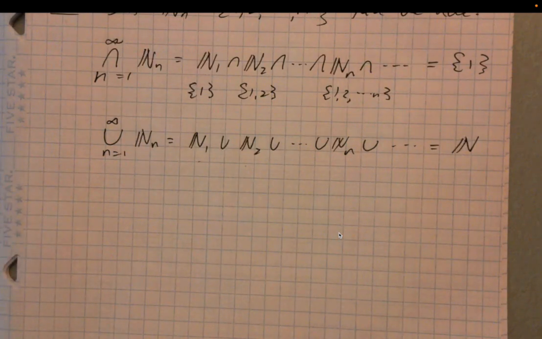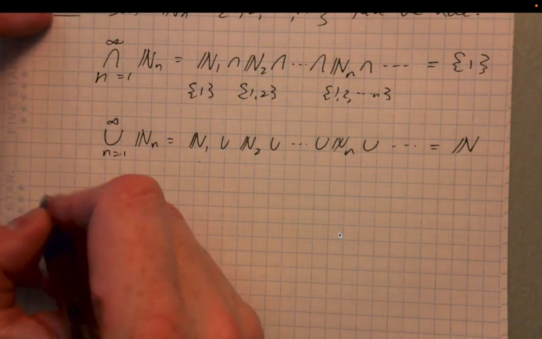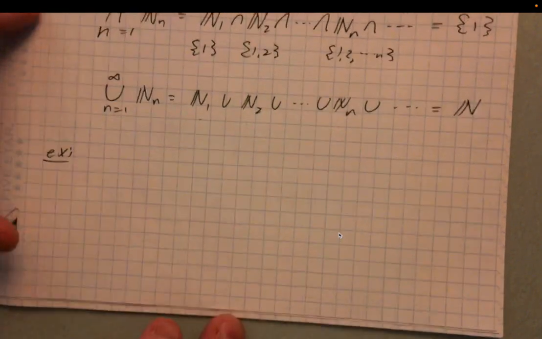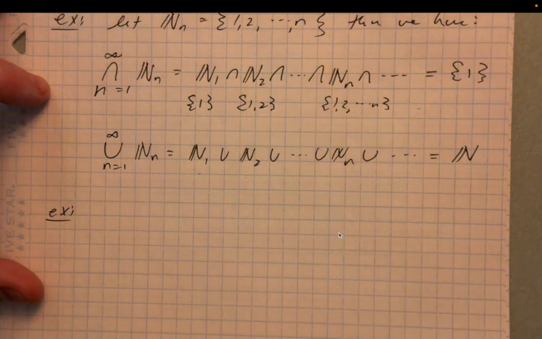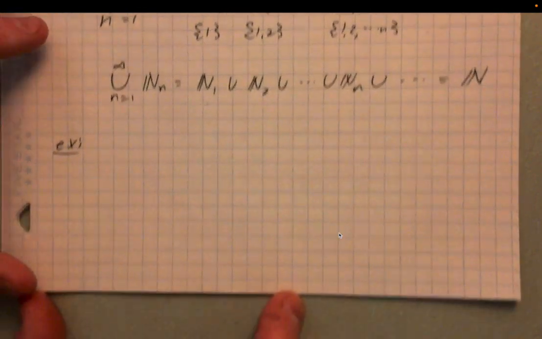So everything is captured by the union. So here the intersection is the singleton, the union is everything. It kind of makes sense, right? Hopefully.